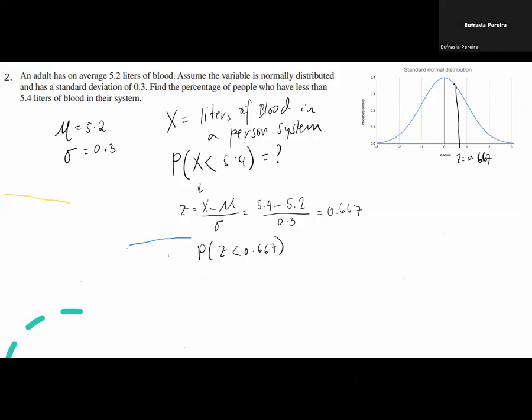All you need to do is block everything to the left, and get the information from the table. Go to the positive table and look at 0.667.